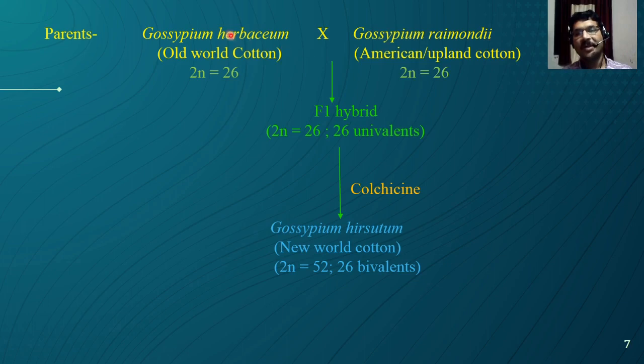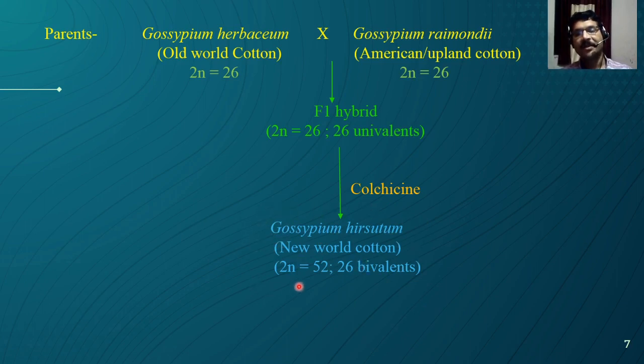As two distinct species have been crossed, the F1 hybrid will be highly sterile, but when we give it colchicine treatment, it will produce a new variety, Gossypium hirsutum, which is different from the parents initially selected, because the parents were diploid but this variety is tetraploid. This is known as New World cotton, and its scientific name is Gossypium hirsutum.